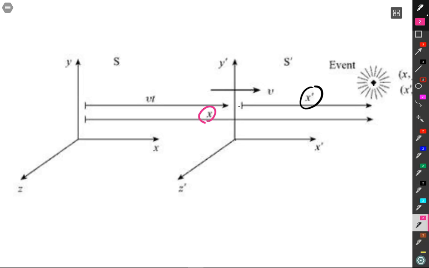And you have two pieces. If you just looked at the lines, if we weren't doing relativity, how would you relate x and x prime? Well, just look at the arrows. How would we relate this long x arrow with the shorter x prime arrow?